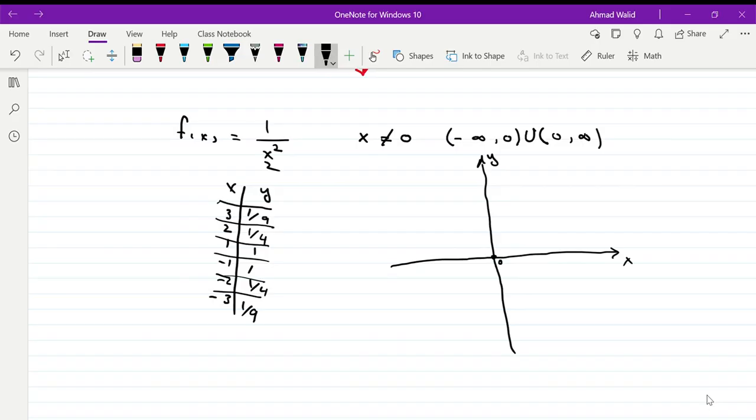When x is 3, y is 1 over 9. If this is 1 unit, 1/9 of this unit will be really, really close to the x-axis. For 2, 1/4. 1 and 1. Correct?